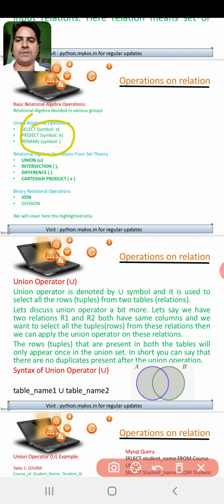Project, select operation sigma, project operation pi. Now, the relational algebra operations from set theory: union, intersection, difference, and Cartesian product. Basically, I have discussed all these. Join is left, it will be covered in the next section.